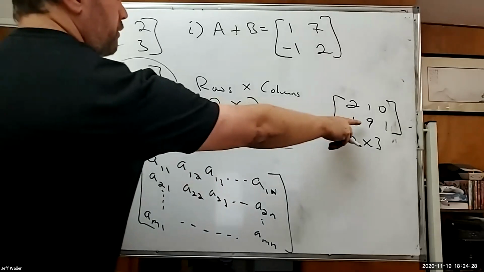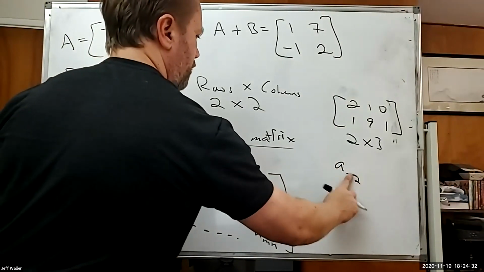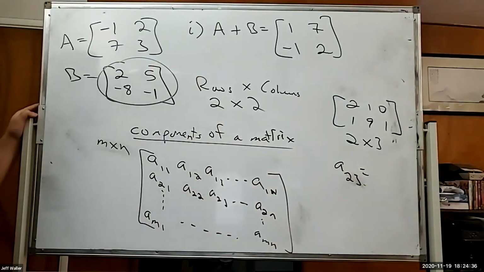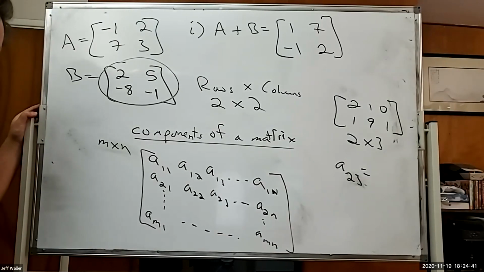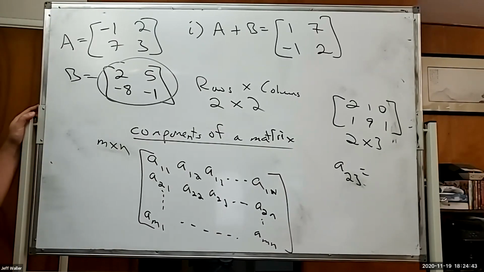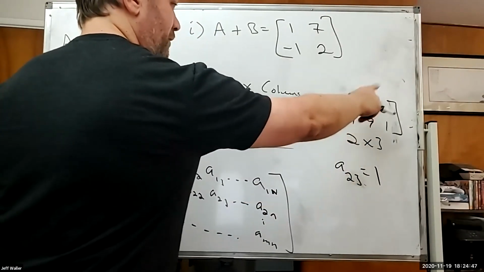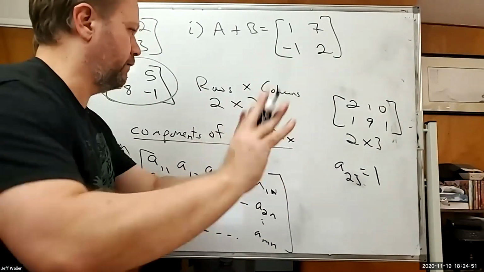So for this matrix over there, what would A2,3 be? You almost can't go wrong. What's the best number to guess? 1. Yeah, it is 1, but probabilistically speaking, all right, I'm sorry.